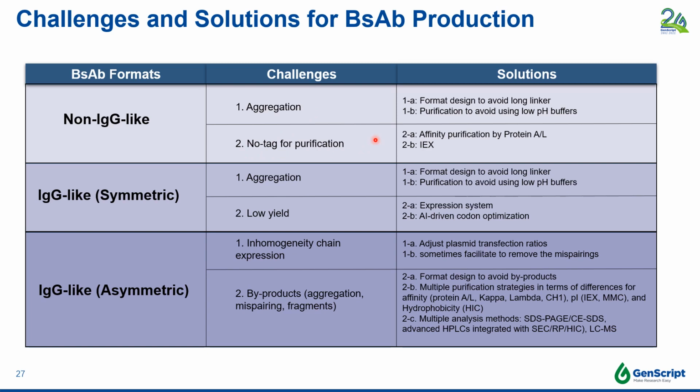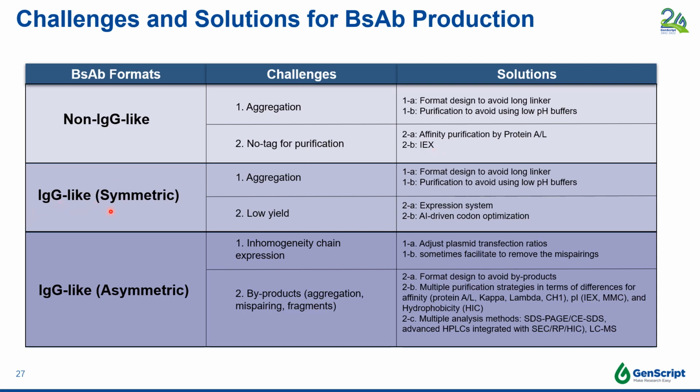You have to consider if your sequence can bind to any affinity columns like protein A or protein L. If not, we need to do non-affinity purification. The problem is that if the yield is not high, the purity could be low.